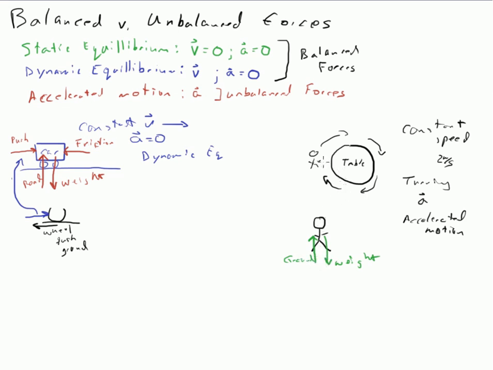Now in order for her to go around in a circle, there has to be some force. If she didn't have that force acting, if she was just to run along, she could run straight in that direction, just cruise along there. But in order to turn, there has to be some force applied to her, some kind of force to cause her to go in that circle, to cause her to accelerate in that direction so that she'll turn.